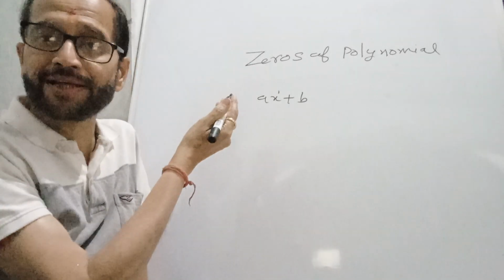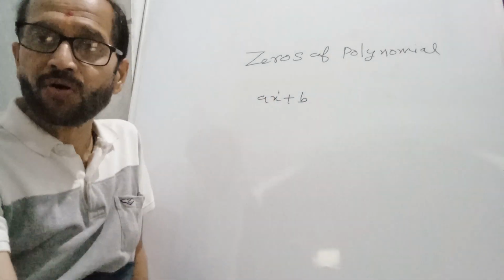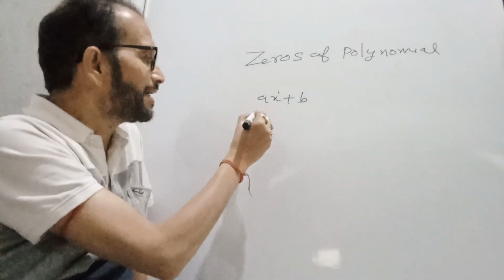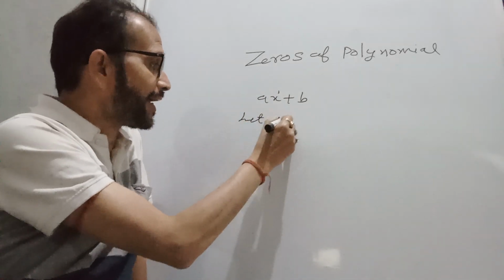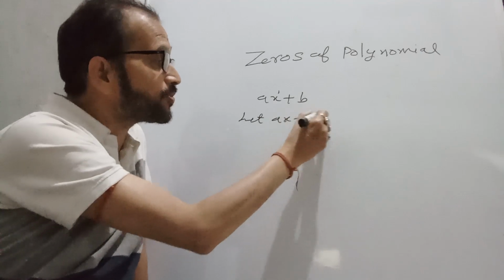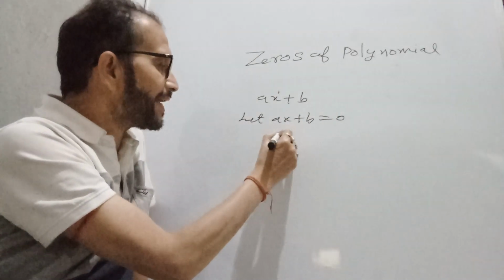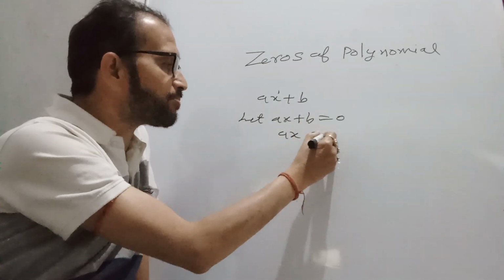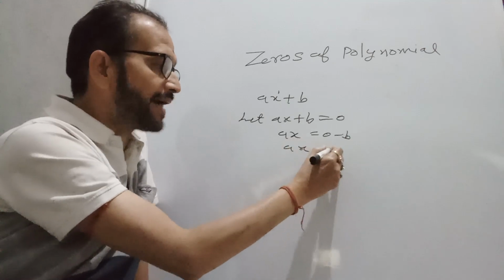And how will I find out the zero? For the time being, let ax plus b is equal to 0. So ax is equal to 0 minus b. So ax is equal to minus b.